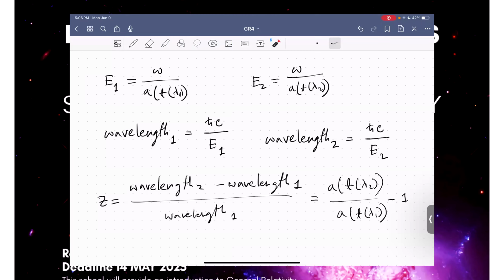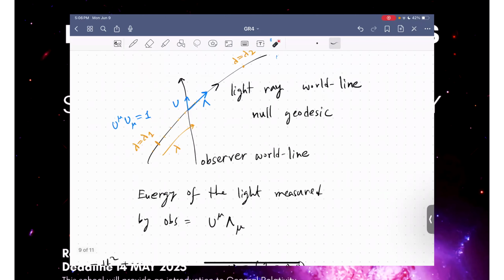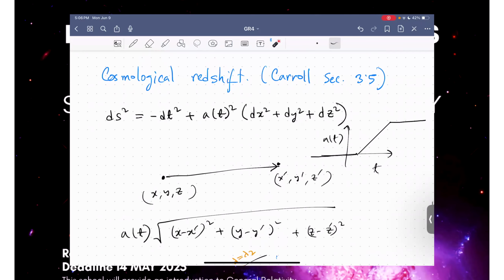Let me just mention something, which is that so far I have not said anything about the dynamics of space-time as dictated by Einstein. What I mean by that is that this metric gives you some evolution of space. It tells you that there is some flat space at some time, and this flat space keeps stretching and stretching as you move in time.